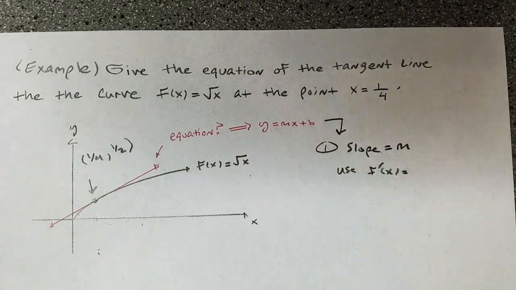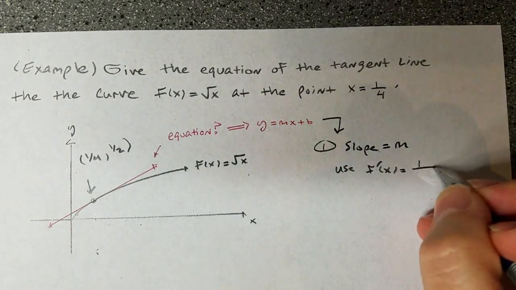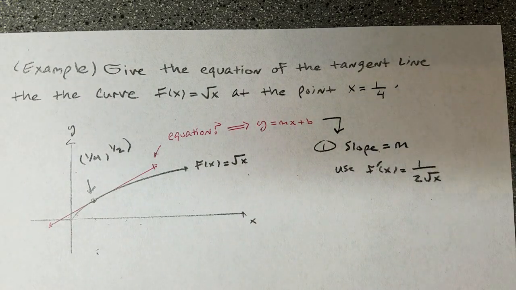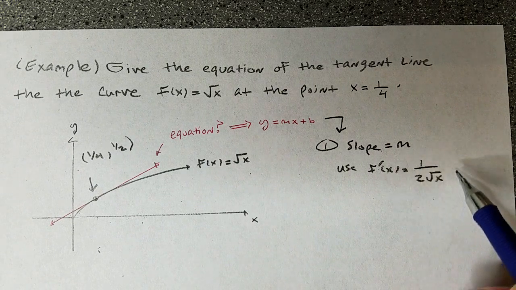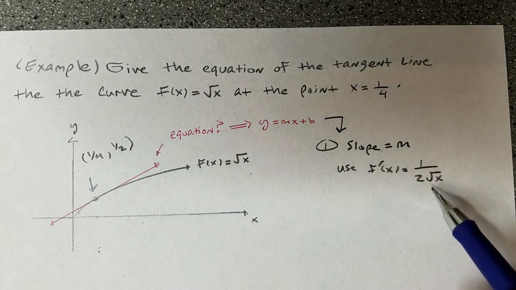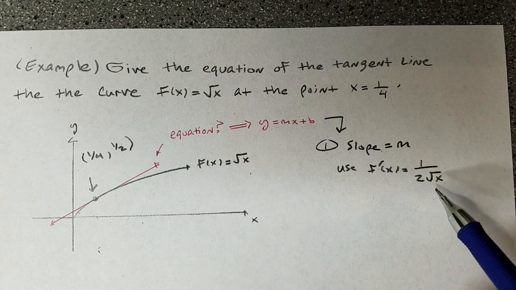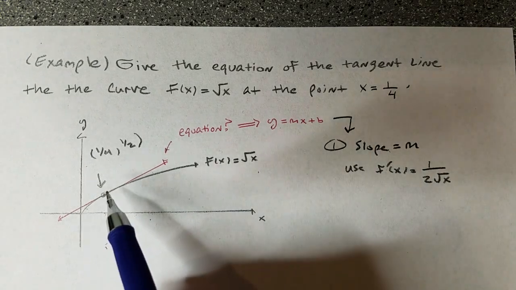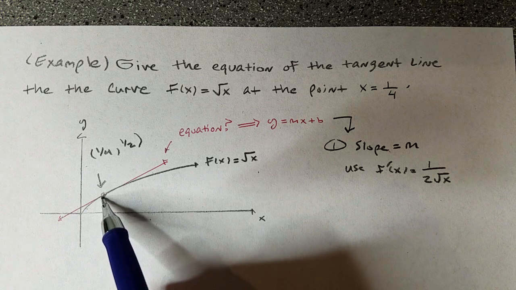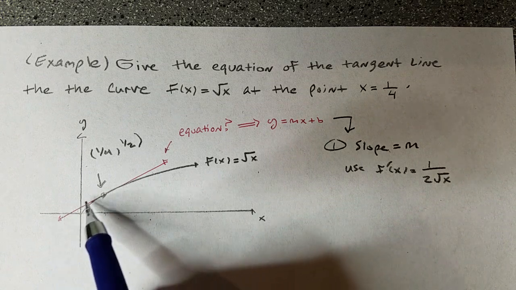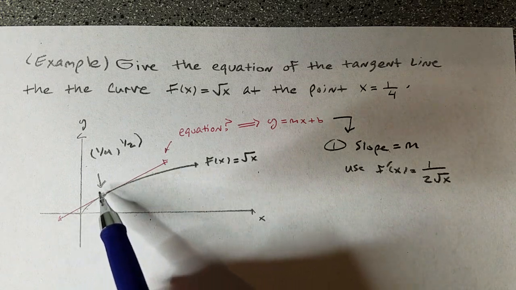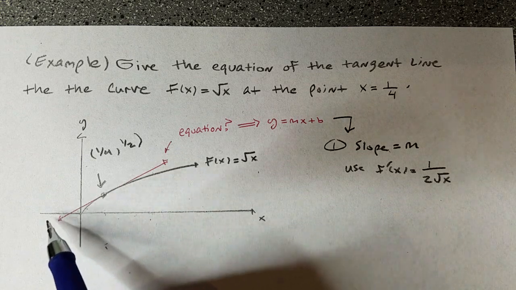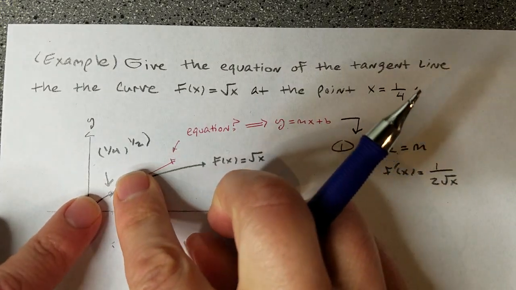I told you that it was 1 over 2 root x. For right now, we're not going to worry where this comes from. I'll give it to you for now. So yes, that's the thing that will tell me the slope of the curve at that point. And as a consequence, look at my picture. It will tell you the slope of this tangent line. You can't tell them apart.